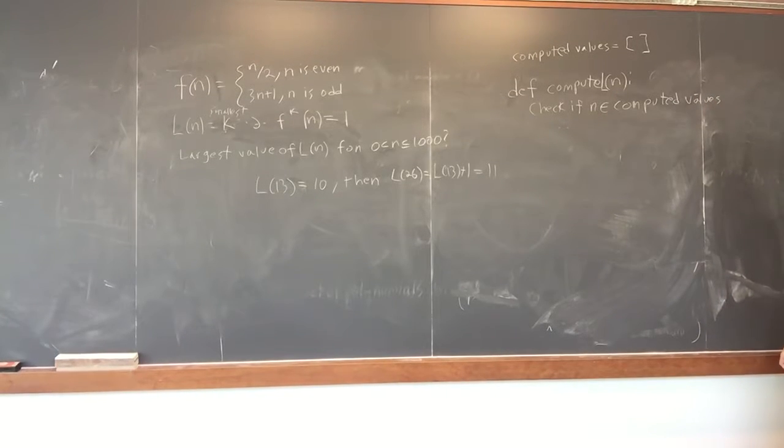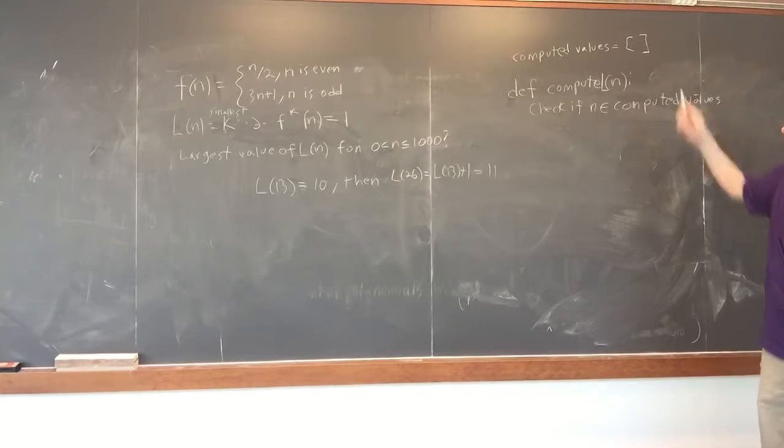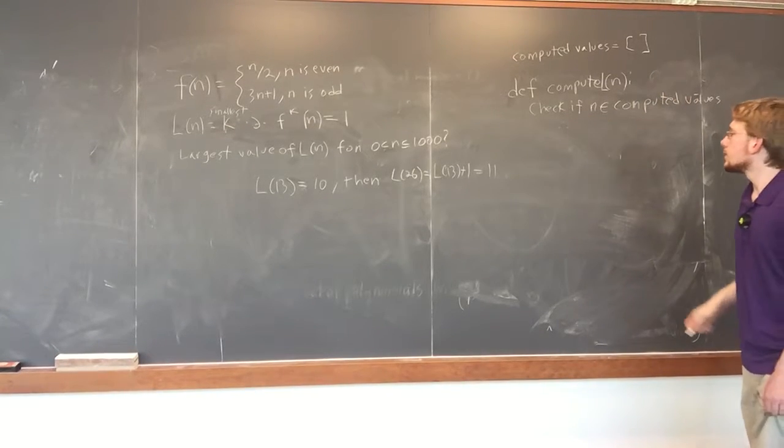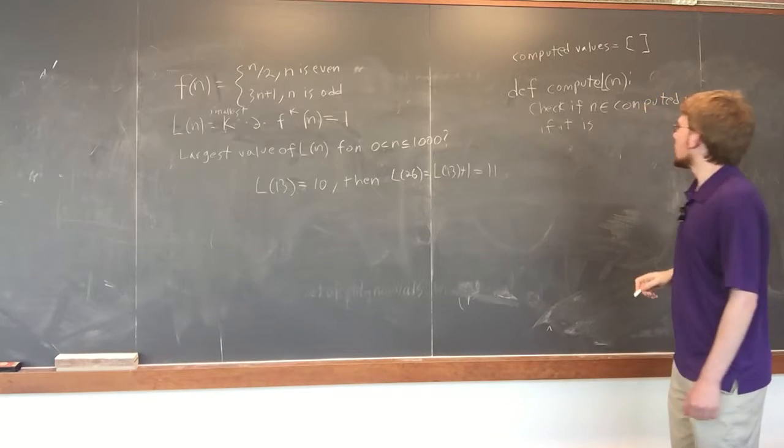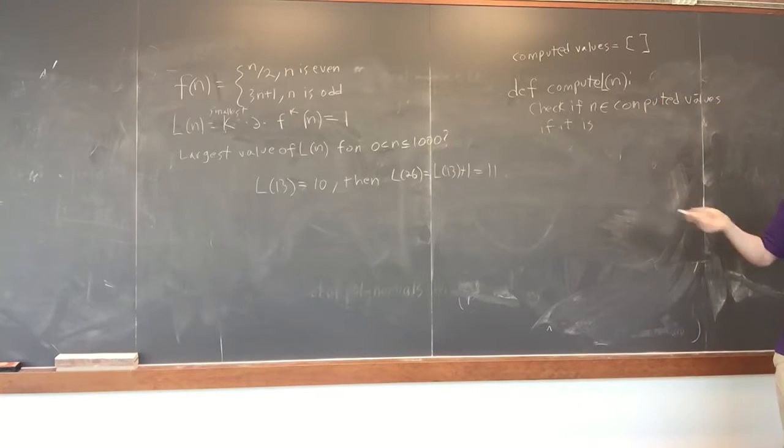It needs to be some sort of dictionary type where you put in an n and get out the corresponding thing that you put in there earlier. Yeah, an array of tuples would be sufficient. So check if n is in our storage. If it is, that means we already computed this once. We know the answer. We can just return that.